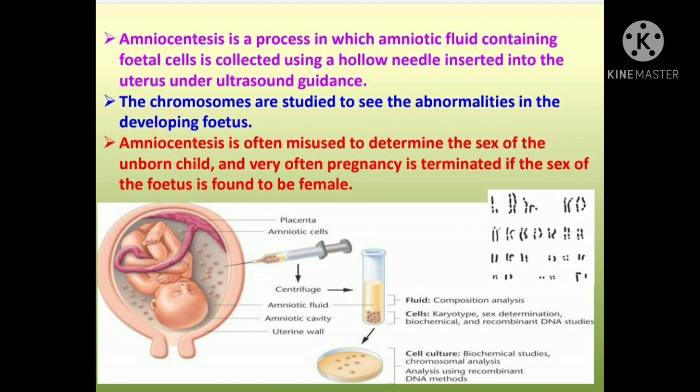The amniotic fluid, which is there in the uterus and protects the baby, contains the fetal cells. It is collected using a hollow needle inserted into the uterus under ultrasound guidance.